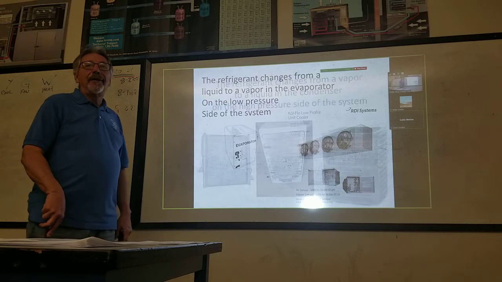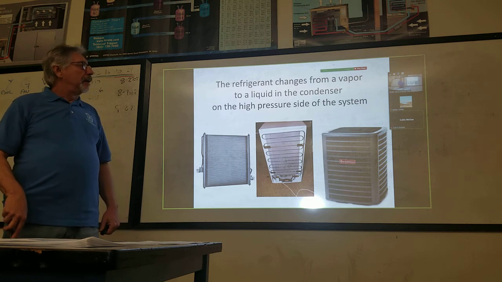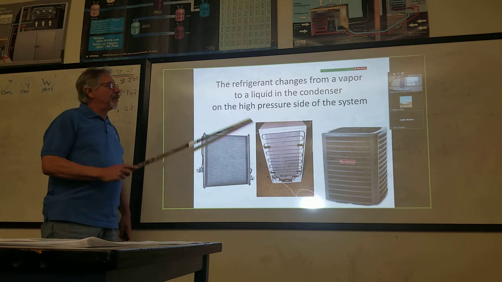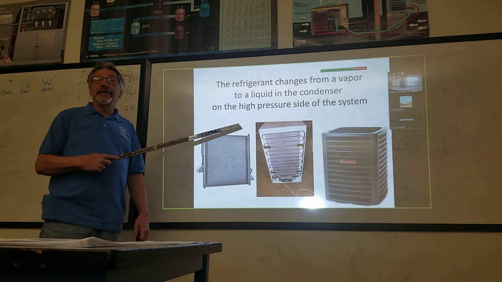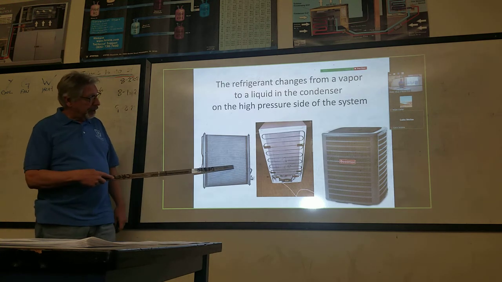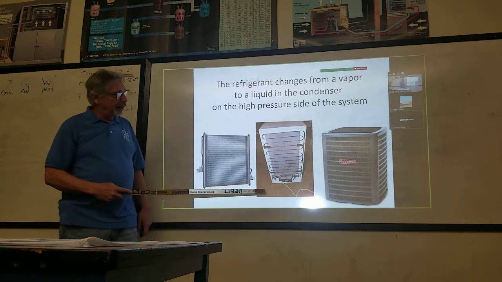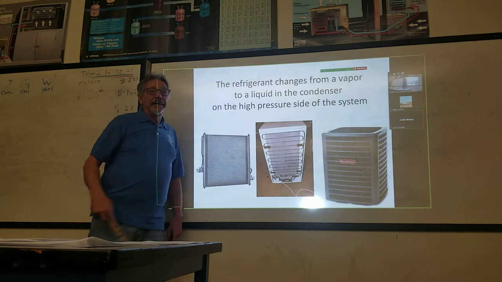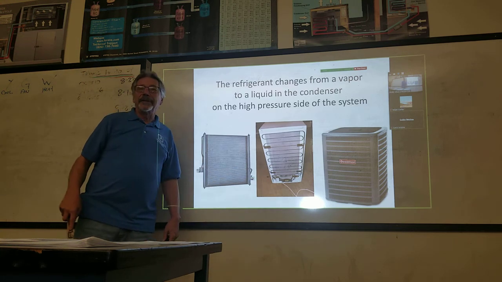And then from vapor to liquid, would that be in the condenser? Okay, the refrigerant changes from a vapor into a liquid on the high pressure side of the system in the condenser. Here's some condensers for you. Everybody see one of those?